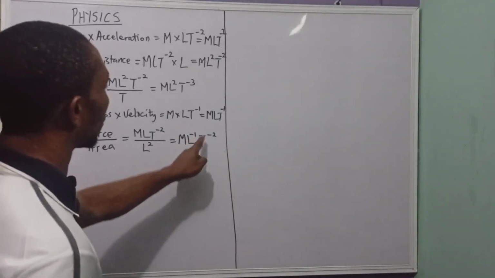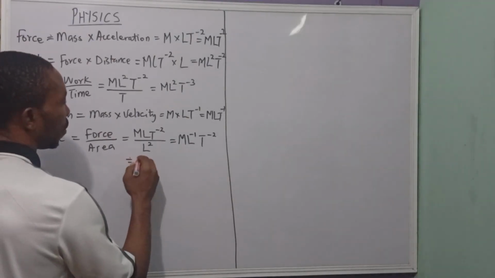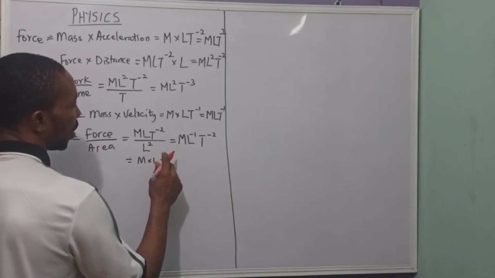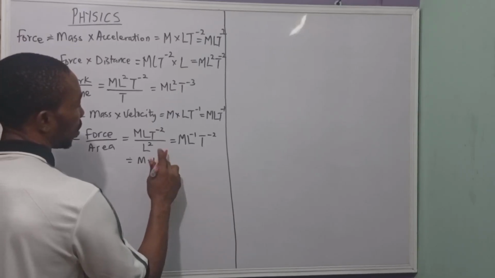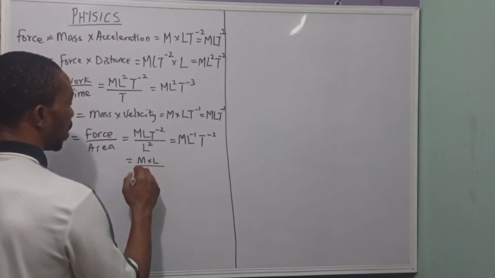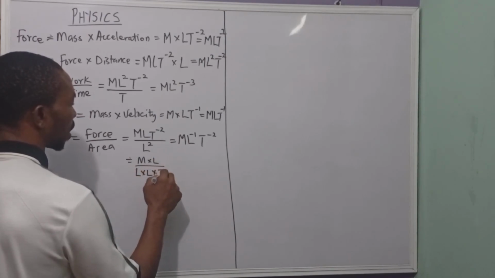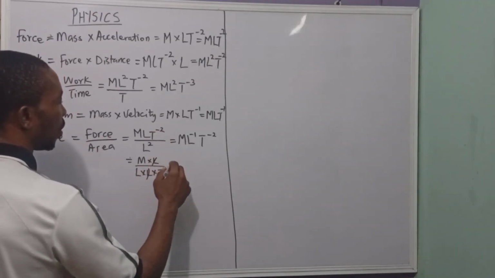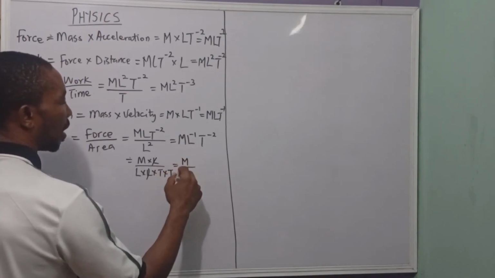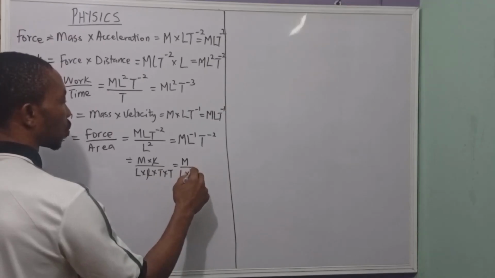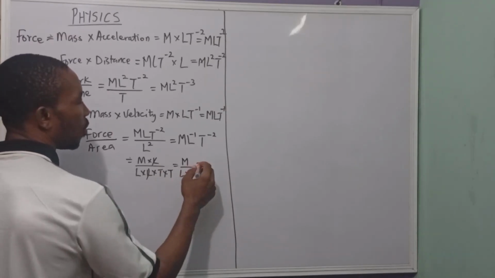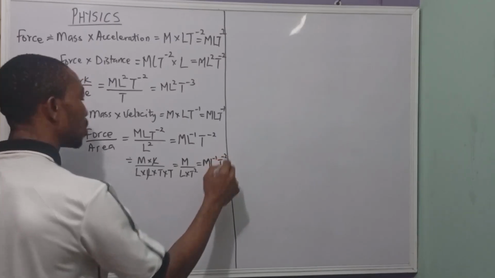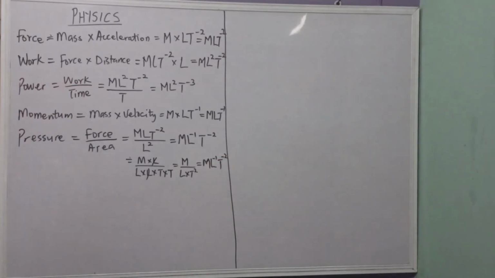Now, how did we get L raised to the power minus 1? When broken down, this gives us M times L all over L squared times T squared. So one L cancels one L, leaving us with M over L times T squared. So this will become M L raised to the power minus 1 T raised to the power minus 2. Hope we understand that.